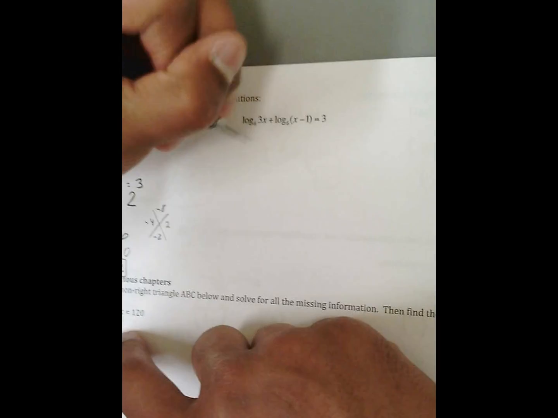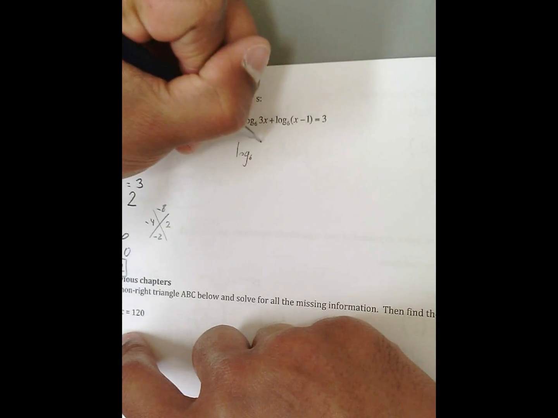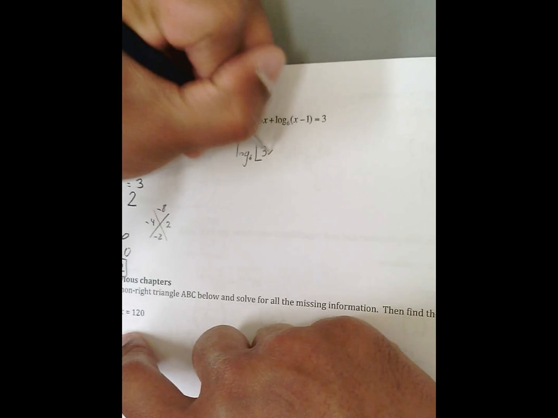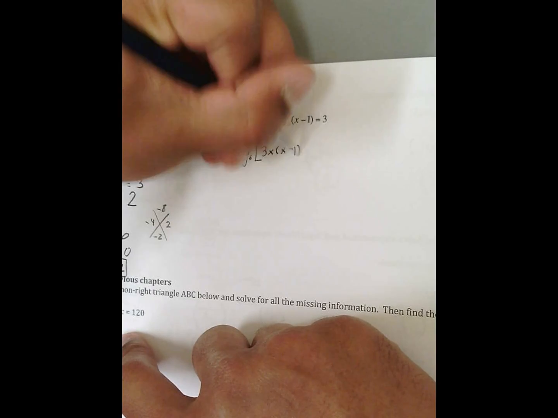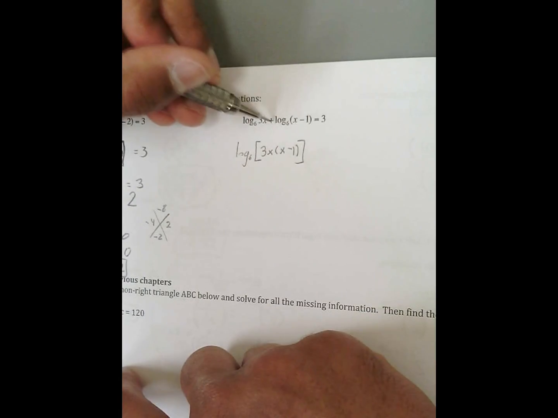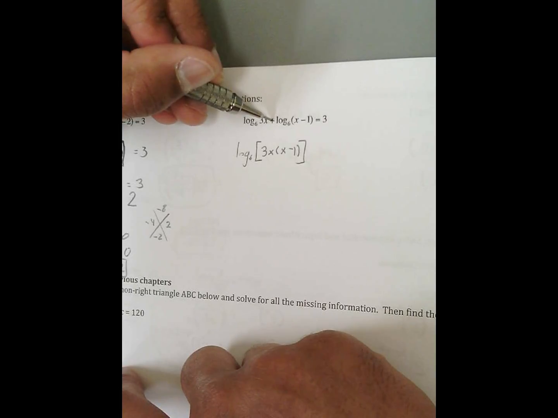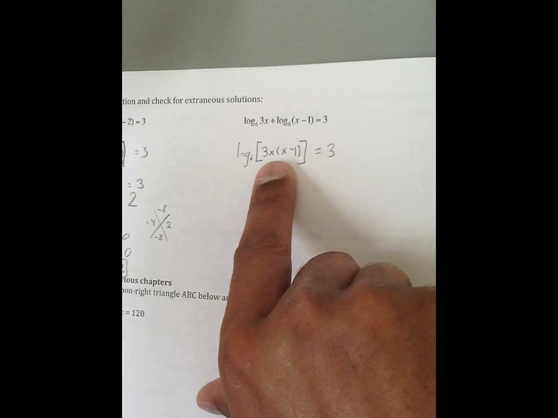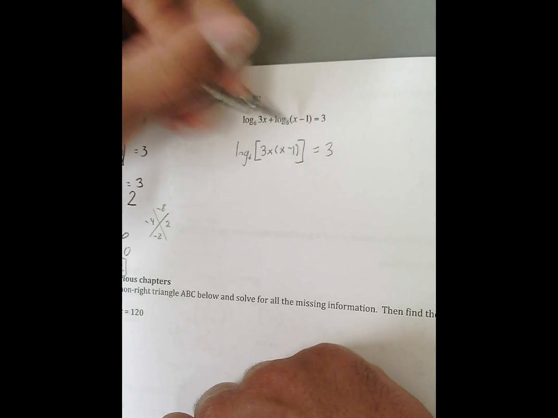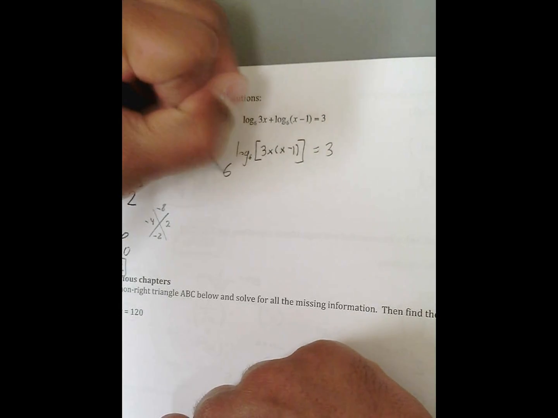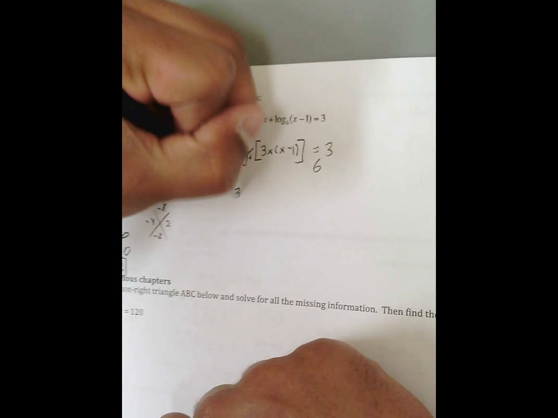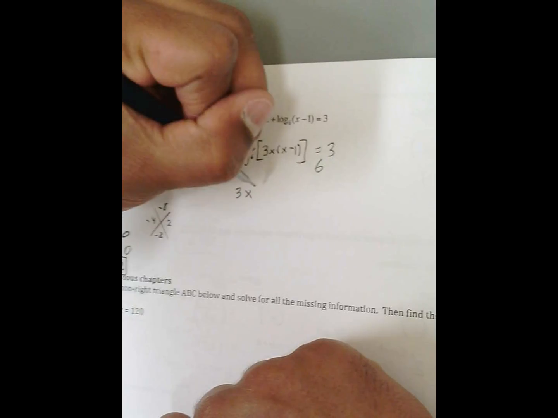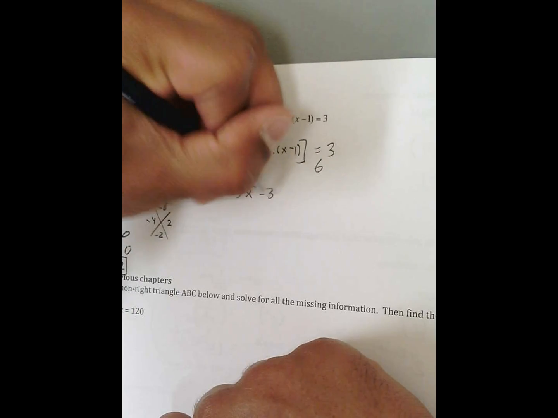Same thing here. I need to condense. And I was able to condense via multiplication because these two logs that have the same base are being added together. So I multiply the two arguments, 3x and x minus 1. Okay, I exponentiate both sides. So this is 3x squared minus 3x.